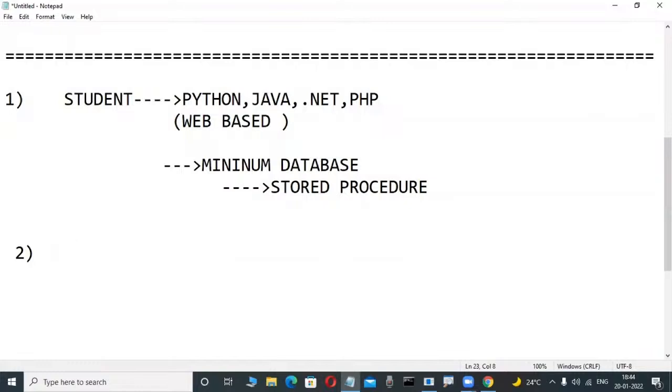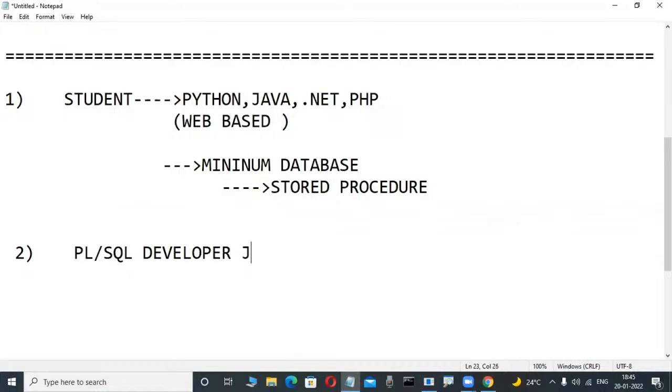Then those persons are applying on the company side for PLSQL developer jobs, which are there without any knowledge of Java, .NET, or front end. Maybe a non-technical person, not having very good programming skills.